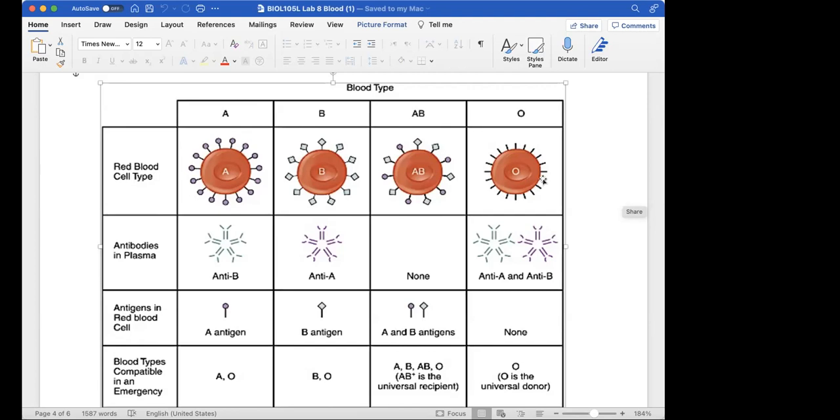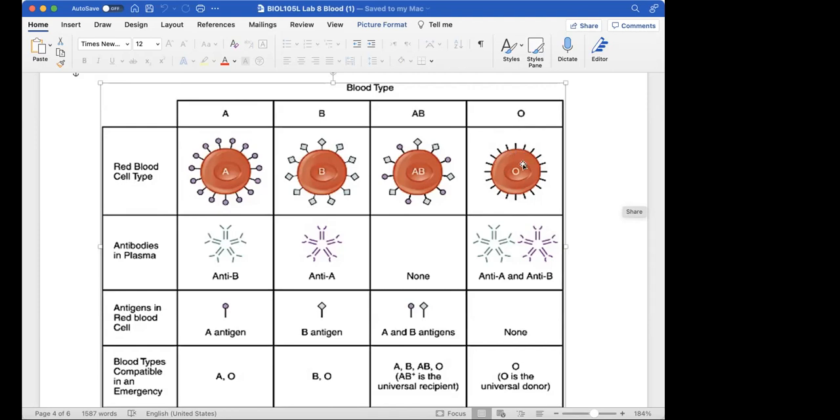And then type O does not have any antigens on its surface. Type O blood, I call it the naked blood cell. It has no antigens on its surface. So type O blood is considered the universal donor. When you donate your blood, you're only donating your blood cells.